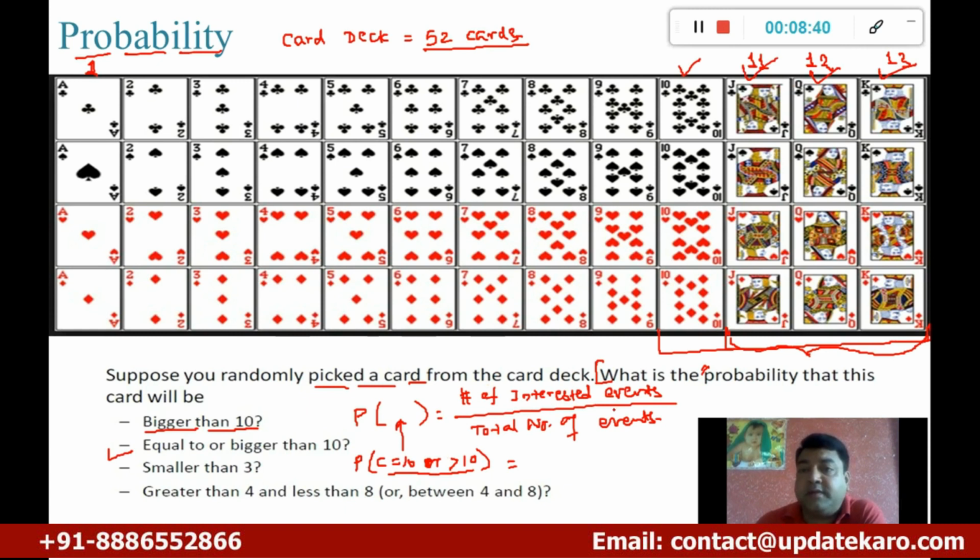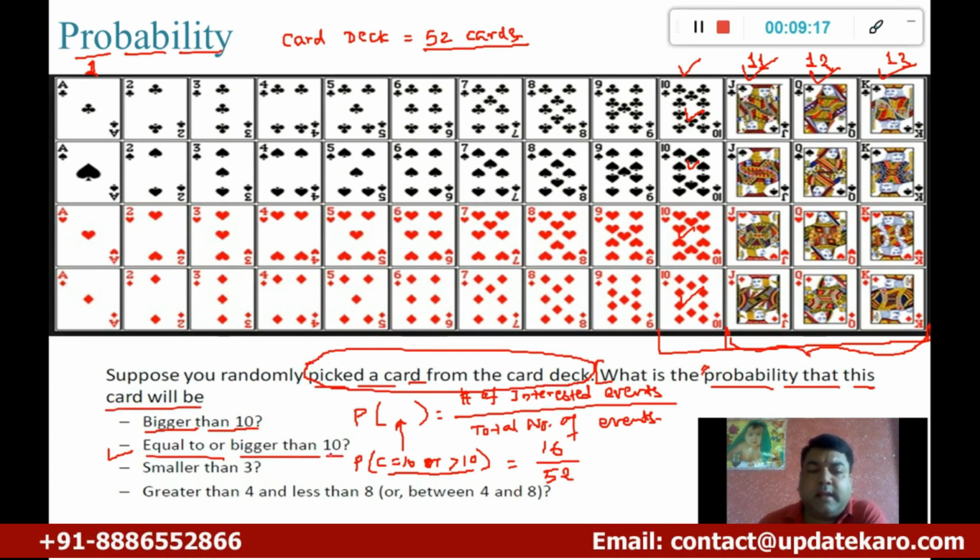I am interested in the earlier 12 plus this 4, that is 16. So I am interested in 16 events, divided by the total number of events possible, 52 again. So if I pick a card from the card deck, the probability that this card will be equal to or bigger than 10 is 16 by 52.